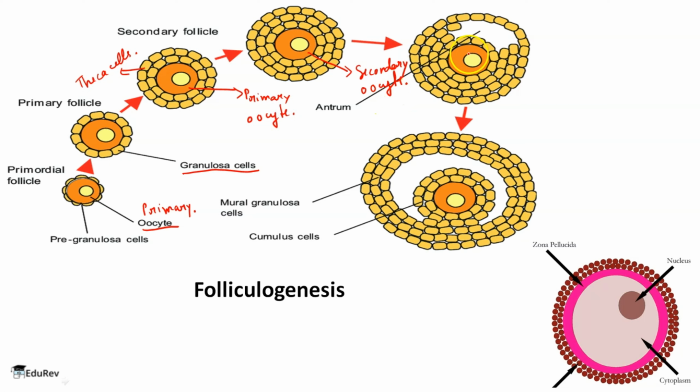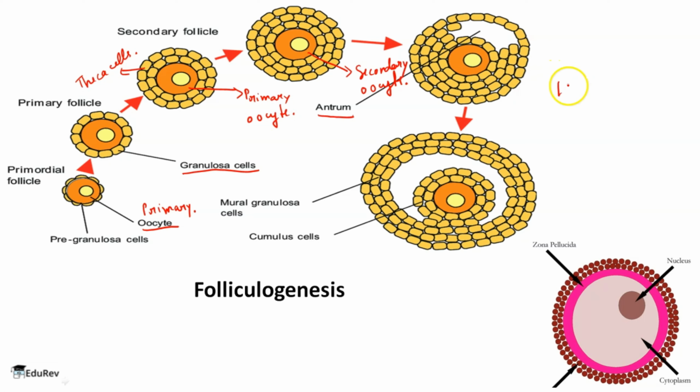Now a cavity is formed over the secondary oocyte, which is known as the antrum. So this cavity is the antrum, it is written here, and other things remain the same as in the secondary follicle, right? Sometimes students get confused and think that there might be a secondary oocyte in further stages of follicles, but it is not true.